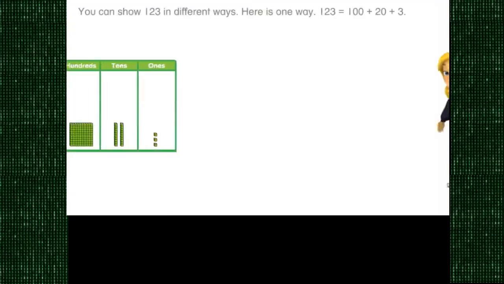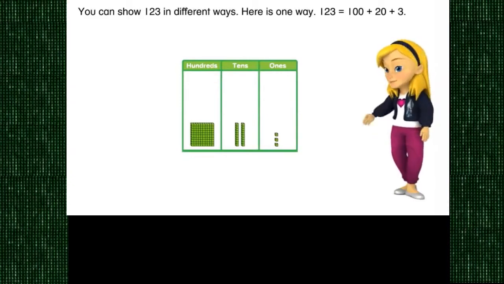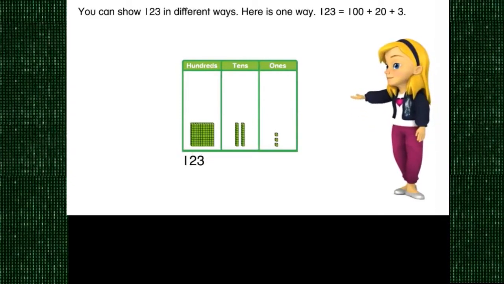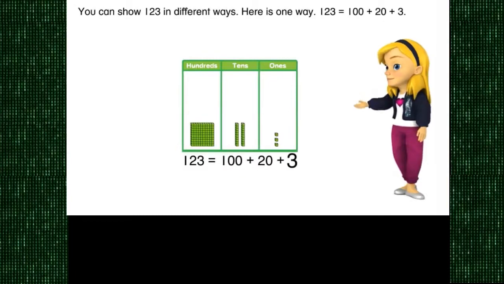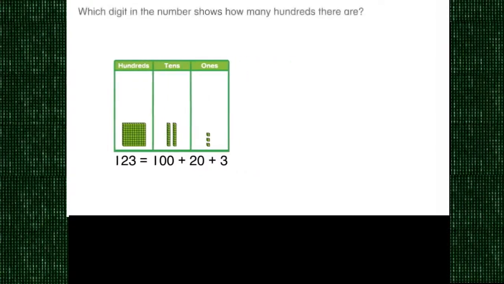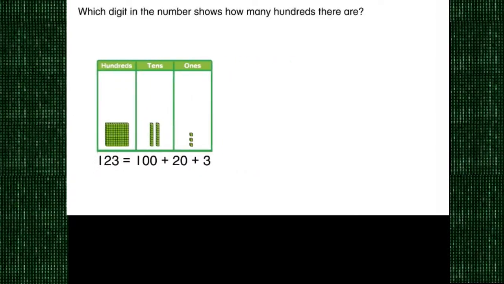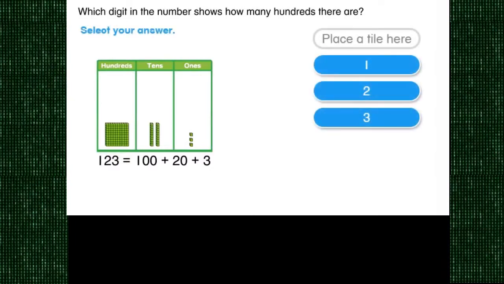So now let's watch this before we practice. You can show 123 in different ways. Here is one way. 123 equals 100 plus 20 plus 3. Which digit in the number shows how many hundreds there are?